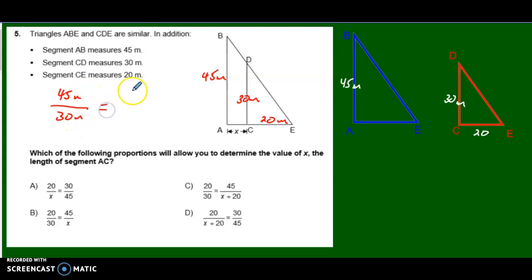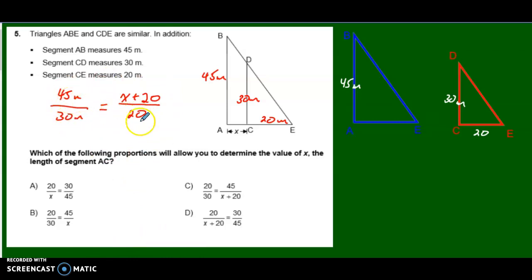Now the big base: we don't know it, but it's x plus 20. So x plus 20 over little base, which is 20. This is a true proportion.